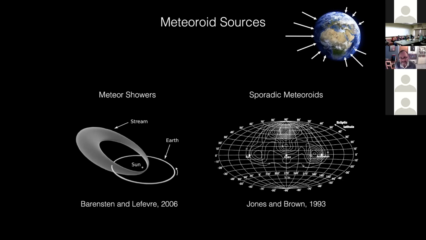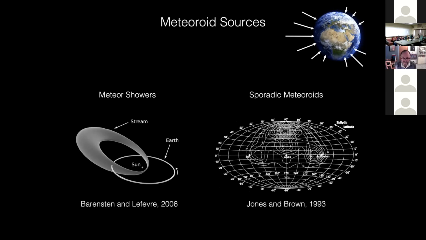These are the little particles that remember the orbits of their parents or the source. So they come in well-focused, well-collimated beams in certain periods of the year when the Earth's orbit intersects this torus that the source body would leave behind.